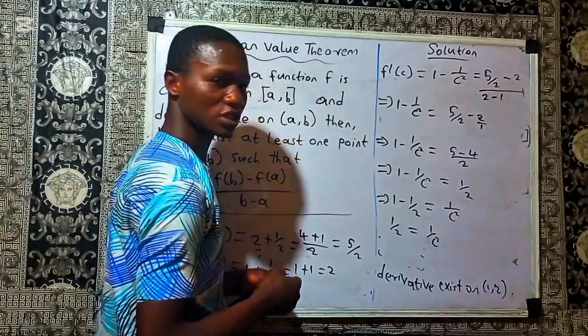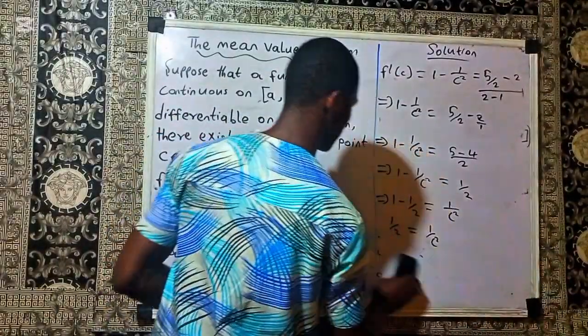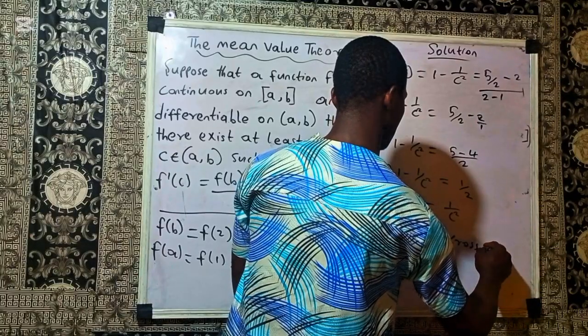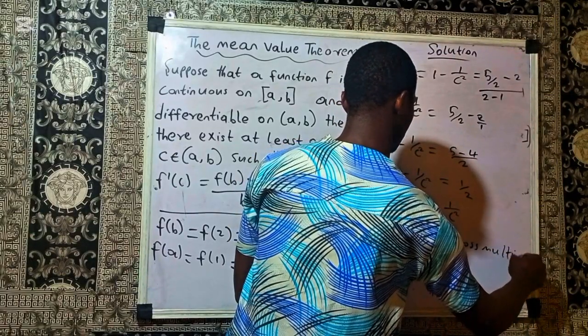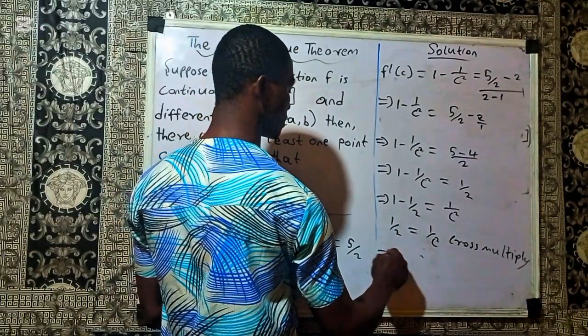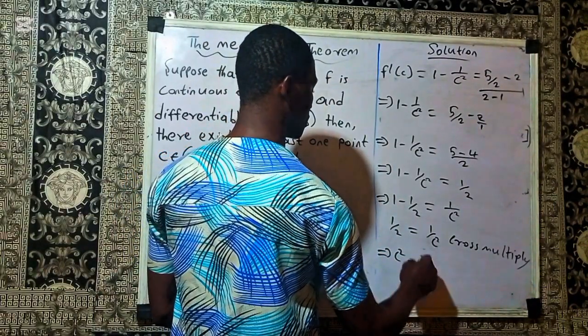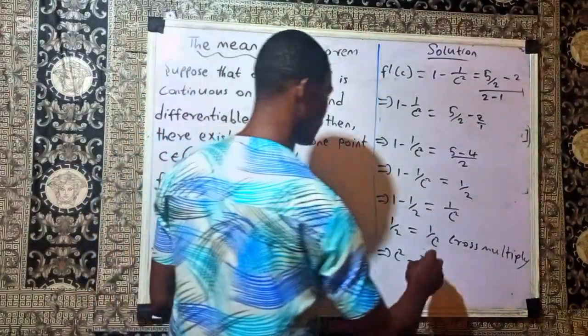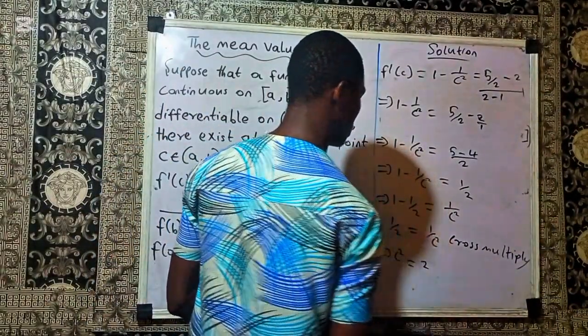What do we do? You cross multiply, right? So if you cross multiply, C squared multiplied by 1 is what? C squared. And 2 multiplied by 1, you have what? 2. So what do we do?